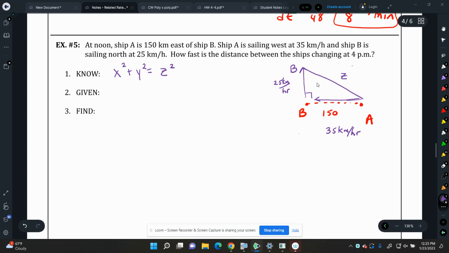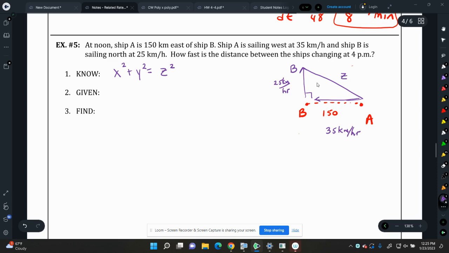Would south also be negative? Yes. All right, so we've got 10 squared plus 100 squared equals z squared. So z equals the square root of... what is it going to be? 100 squared, so 1, 2, 3, 4 plus 100, right?